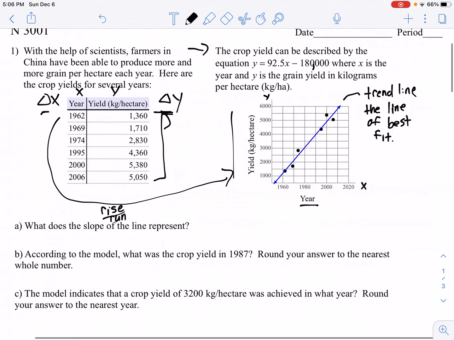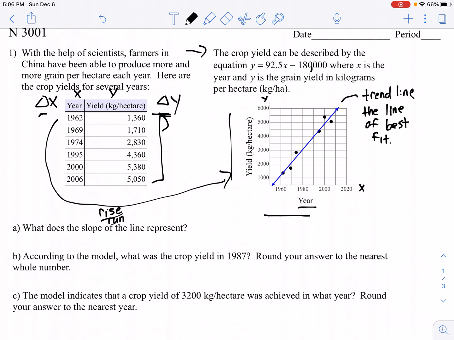So think about the general trend here. Look at our scatter plot. What kind of correlation do we have? It's a positive correlation. The trend line shows that we're going up. So as x increases, doesn't y also increase? Yeah, so the general idea in terms of y over x is that the increase in the crop yield happens every year.